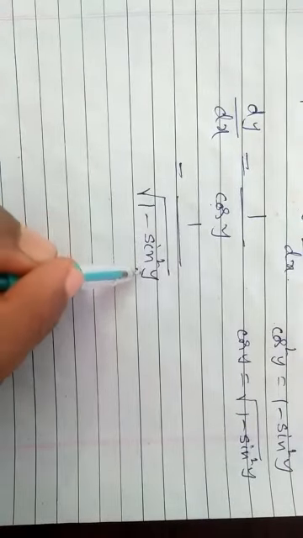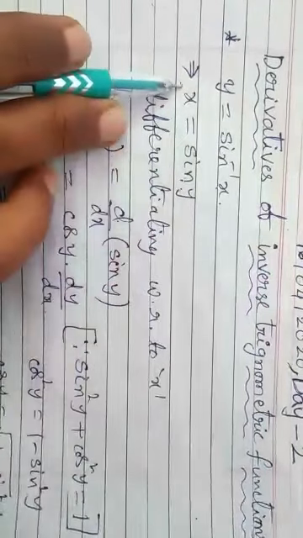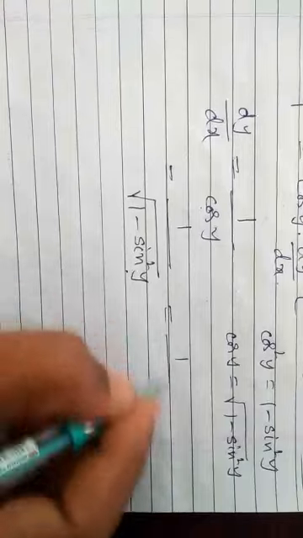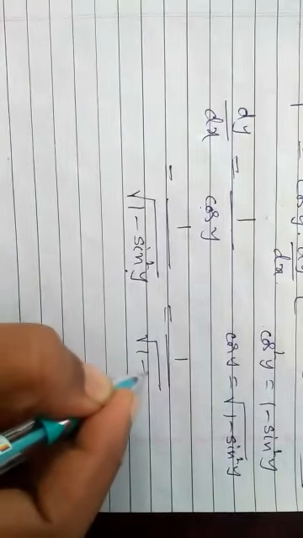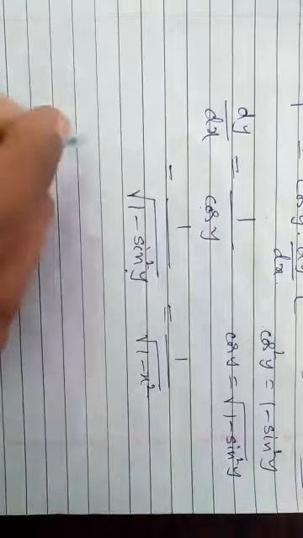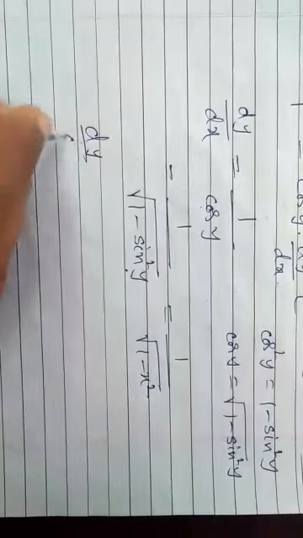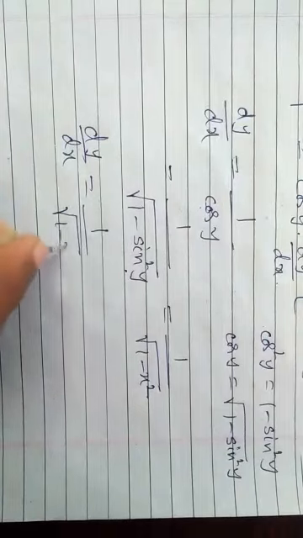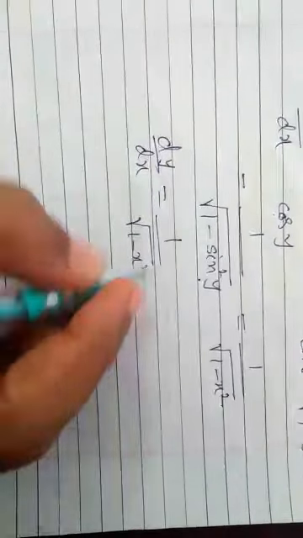What is the value of sine y? Already we have the formula: sine y is x. The same element you should substitute here, that is 1 by square root of 1 minus x square. So dy by dx is equal to 1 by square root of 1 minus x square.